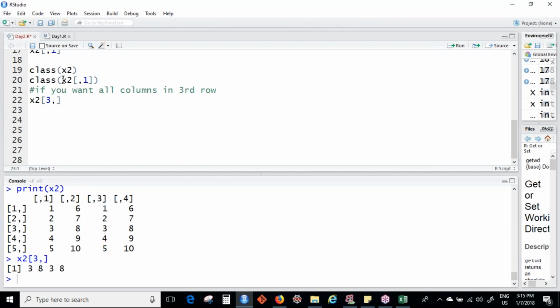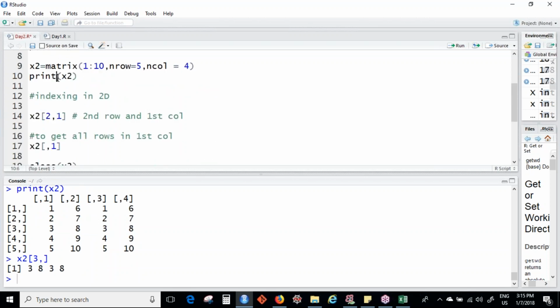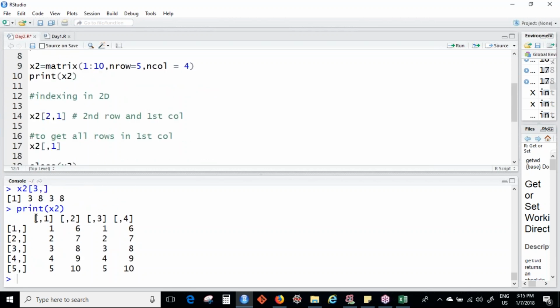Now if I print the matrix and show you the output, you will understand what these terms mean. Maybe some of you had this question, what are these numbers? These numbers are representing the same thing. Space 1 means all the rows but first column.